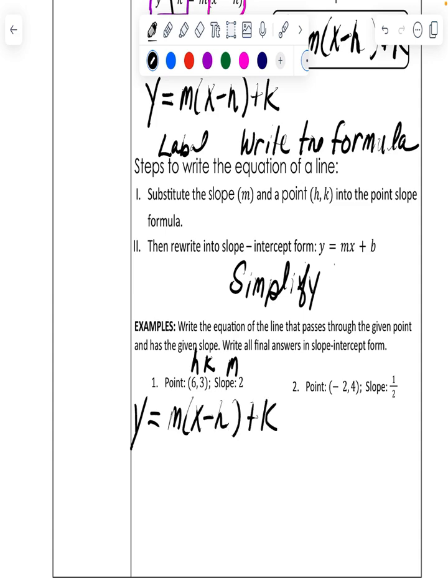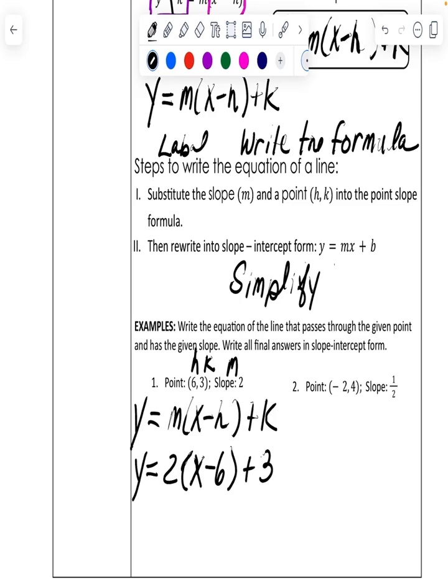All right, so substitute. 6 for the h, 3 for the k, and our slope of 2. So y equals 2 times (x minus 6) plus 3. All right, parentheses.